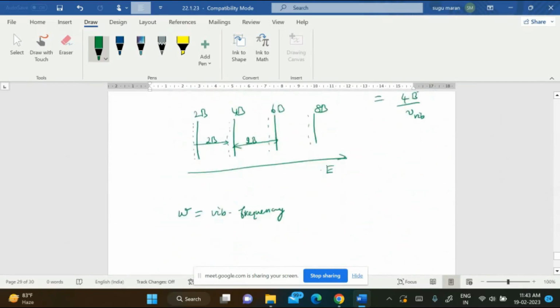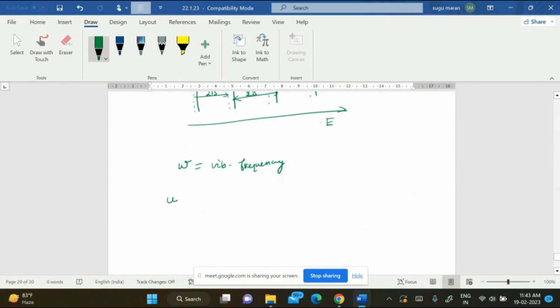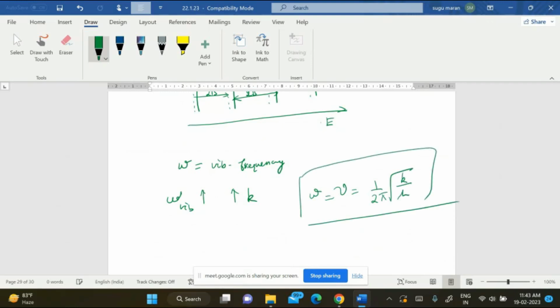When the vibrational frequency increases, the force constant, you know, increases. Vibrational frequency, or as some books give, omega, is 1 by 2 pi root k by mu.